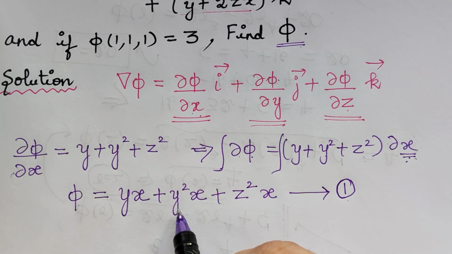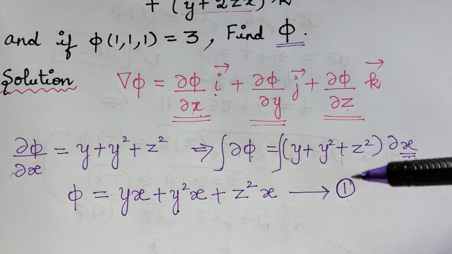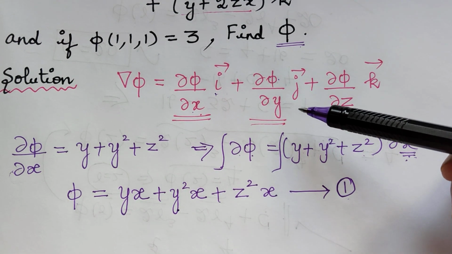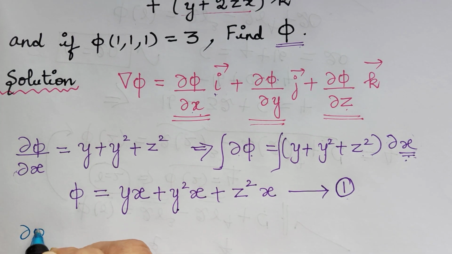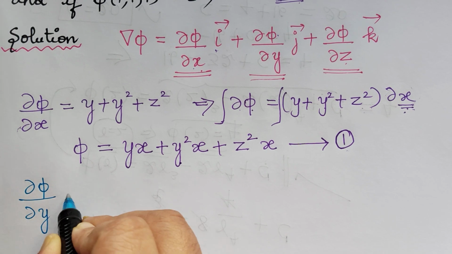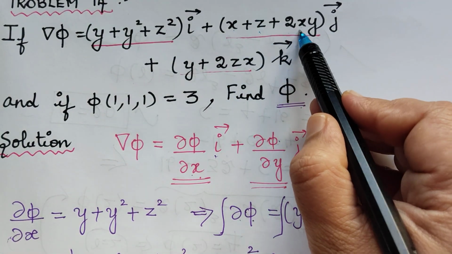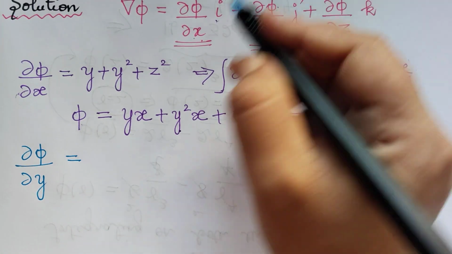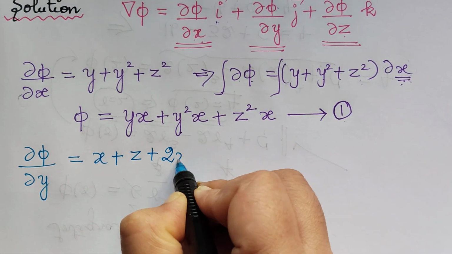This phi is the solution that we obtained when we compared the i component. Now when we compare the j component, what we get is dou phi by dou y is equal to x plus z plus 2xy. So let us write that: x plus z plus 2xy.